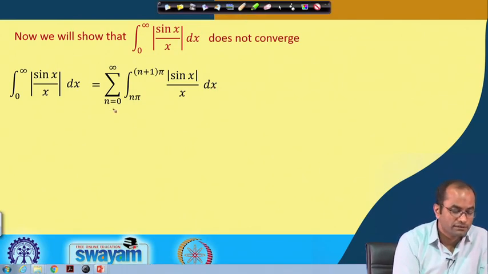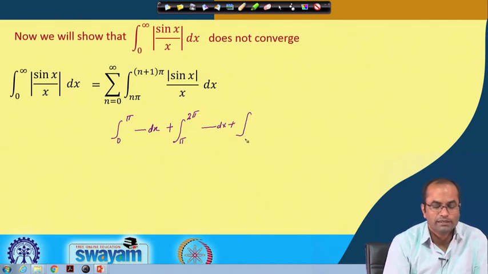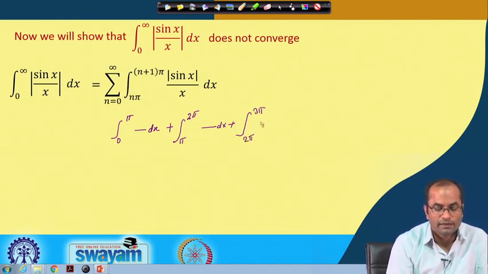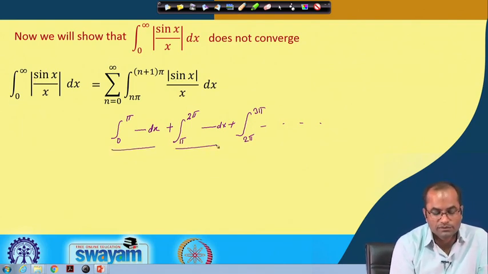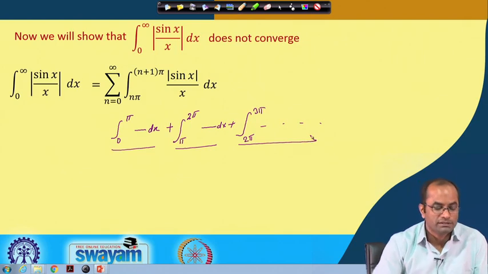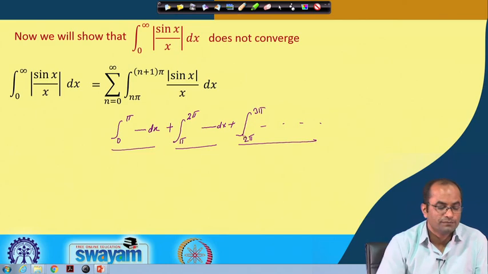For n equal to 0, we are going from 0 to pi, and then for n equal to 1, from pi to 2 pi, and so on. We have taken 0 to pi, pi to 2 pi, and then 2 pi to 3 pi and so on.